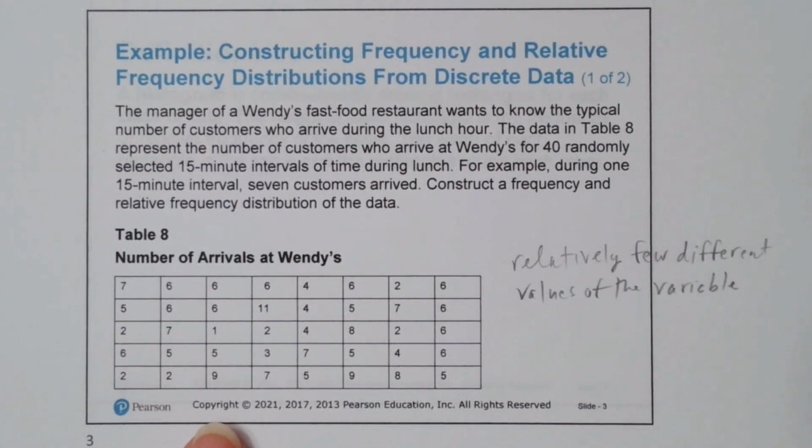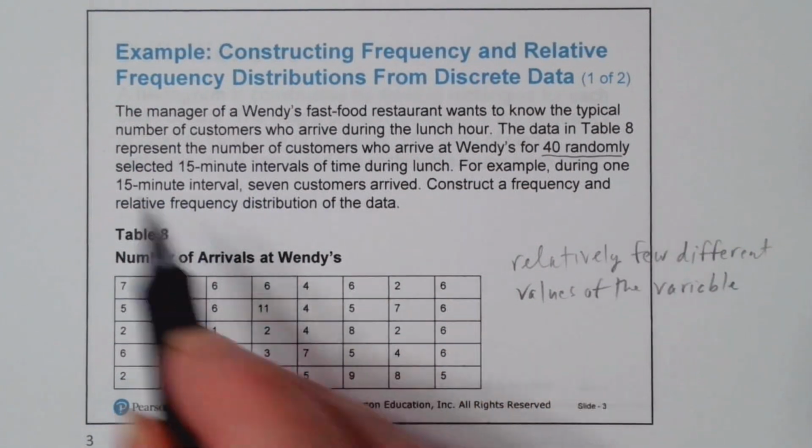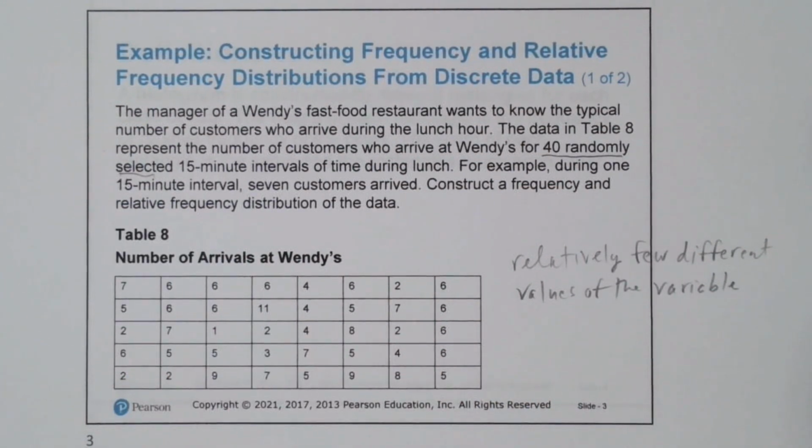It says the manager of a Wendy's fast food restaurant wants to know the typical number of customers who arrive during the lunch hour. The data in Table 8 represents the number of customers who arrive at Wendy's for 40 randomly selected 15-minute intervals of time during lunch.